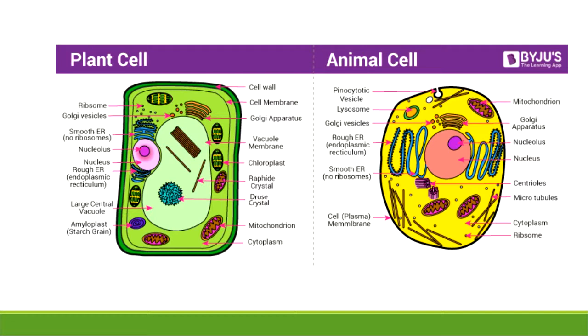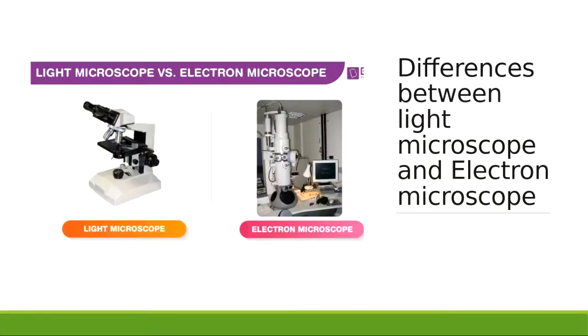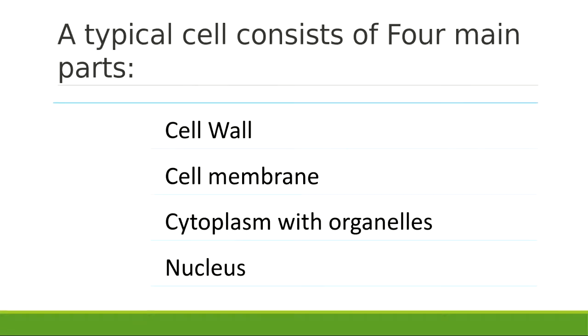We also studied the difference between the electron microscope and light microscope. We studied the various typical cells, the parts of cells, what are the main parts of the cells.